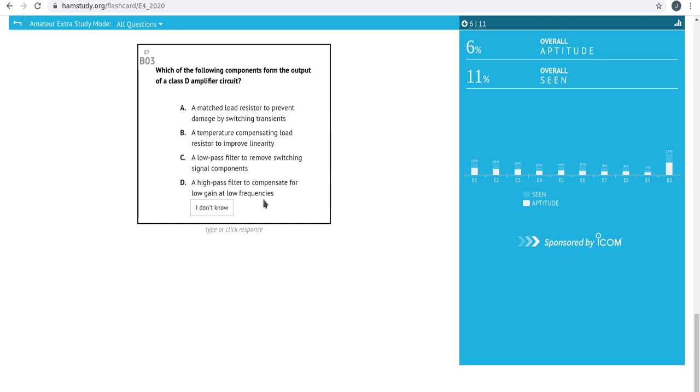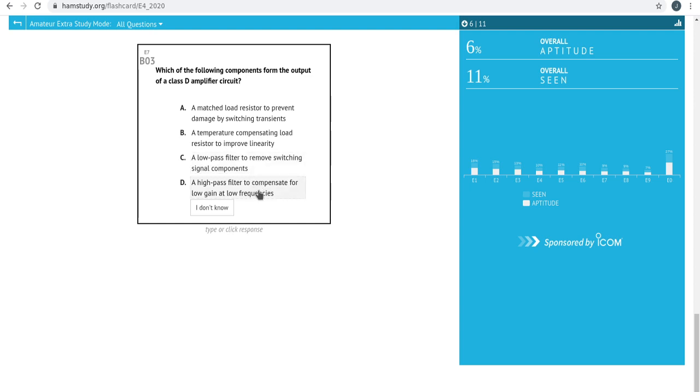Which of the following components forms the output of a Class D amplifier circuit? A, a matched load resistor to prevent damage to a switching transistor, B, a temperature compensating load resistor to improve linearity, C, a low pass filter to remove switching signal components, D, a high pass filter to compensate for low gain at low frequencies. You got me on this one. I don't know much about amplifiers.